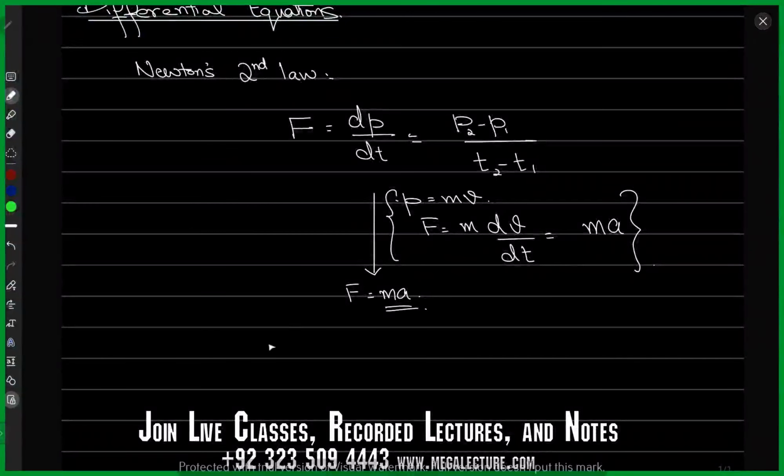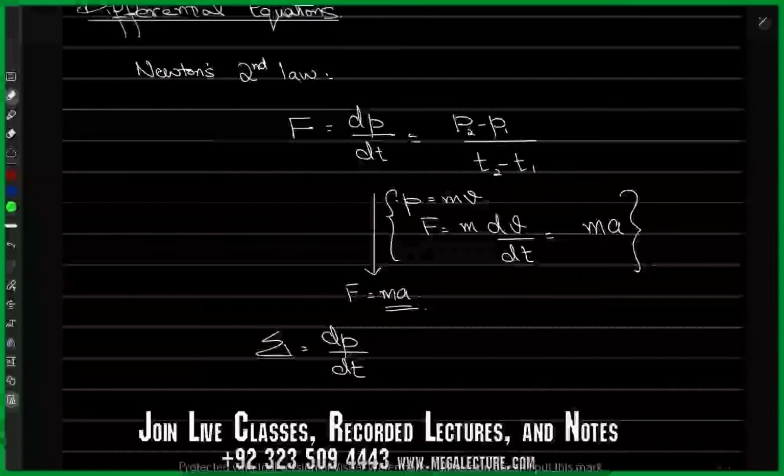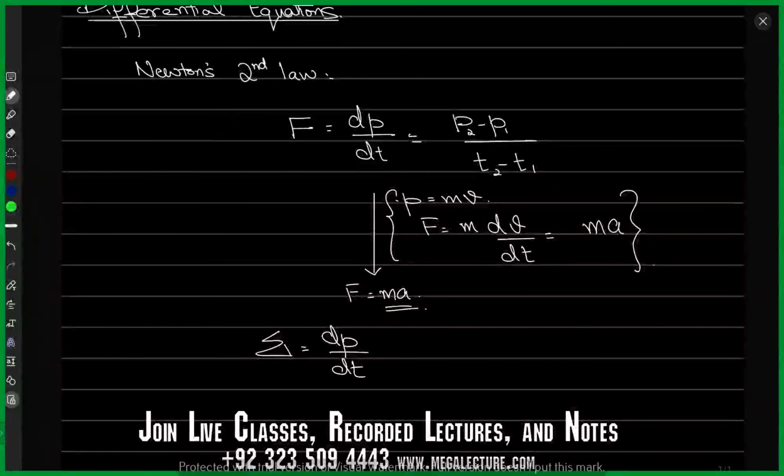You can say that the sum of all the forces is the time rate of change of momentum. But we like to work in a quantity which can be displacement. Why? Because you want to see how displacement changes with time. That's essentially what we want to understand when we talk about the equation of motion.